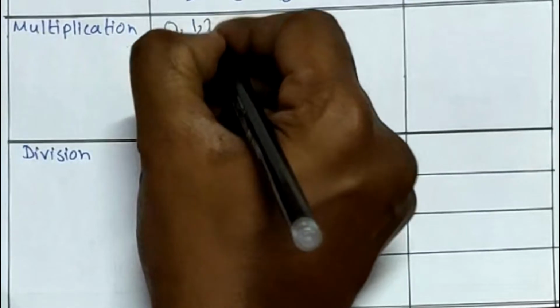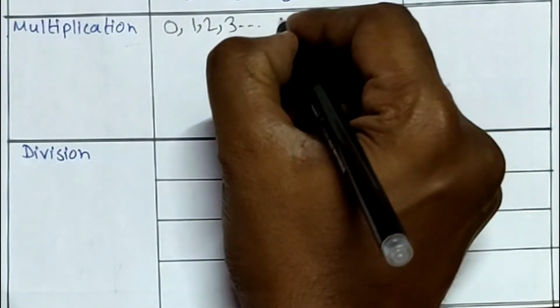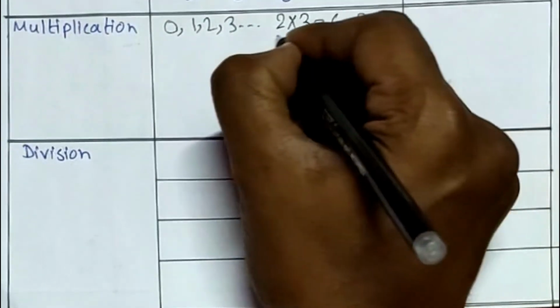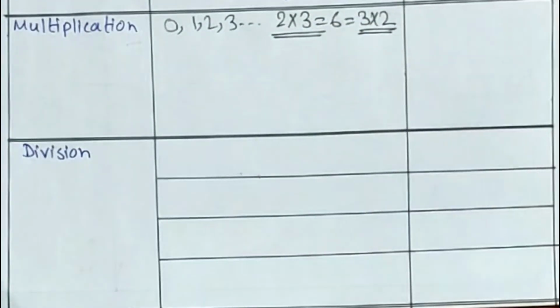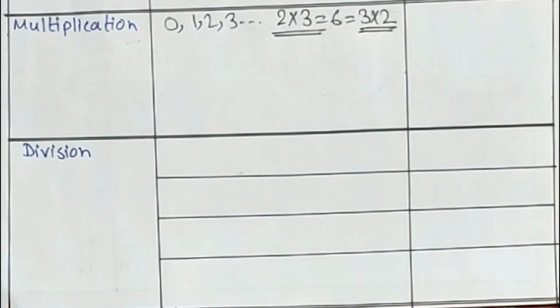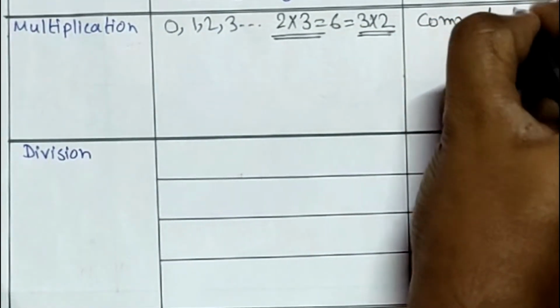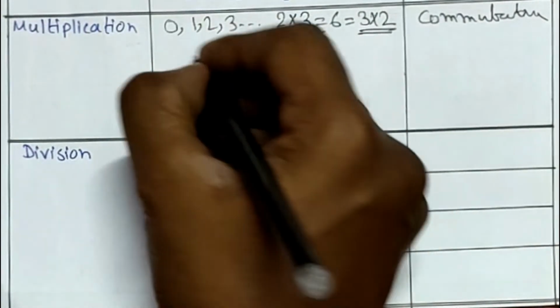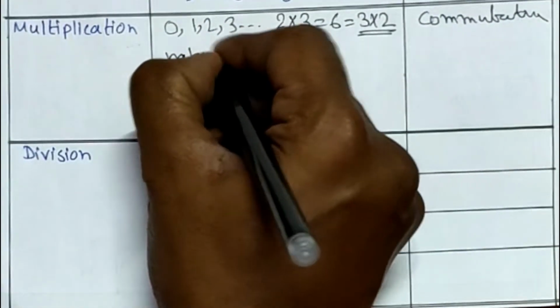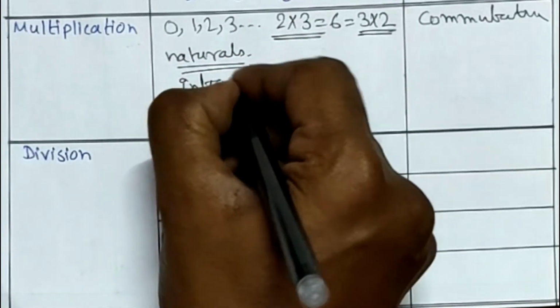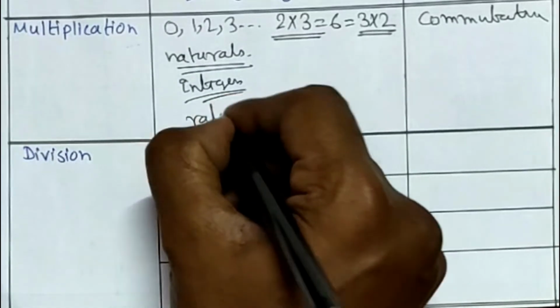Take whole numbers 0, 1, 2, 3, etc. Multiply any two numbers. 2 into 3 gives us 6, which is equal to 3 into 2. Forward and backward numbers under the same operation, which is multiplication, are equal. So whole numbers are commutative under multiplication. Similarly you can check for natural numbers, integers, and rational numbers also.